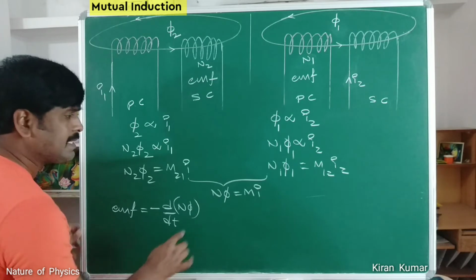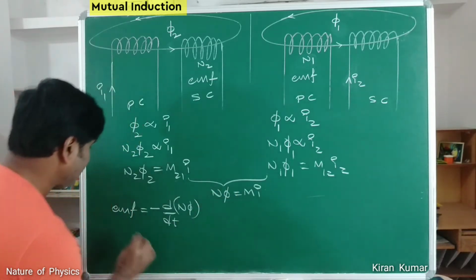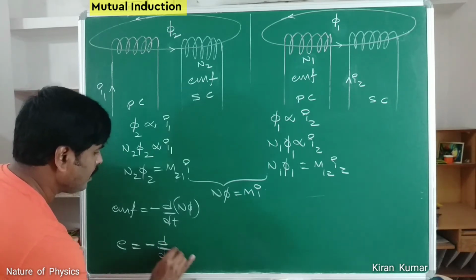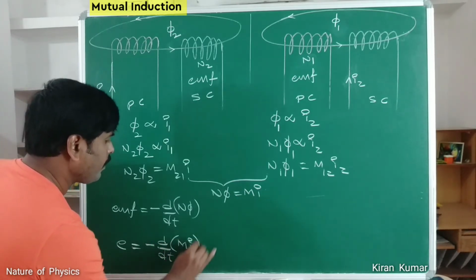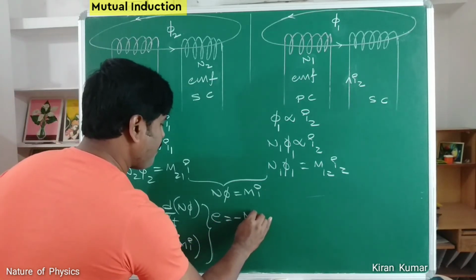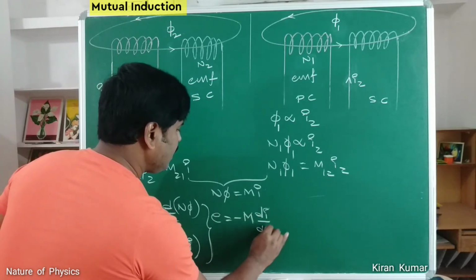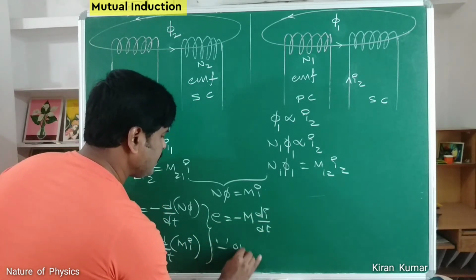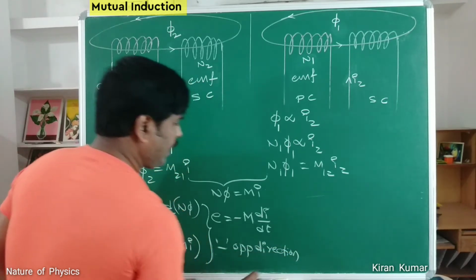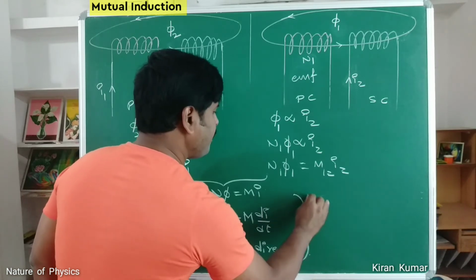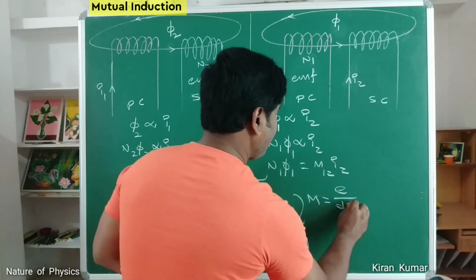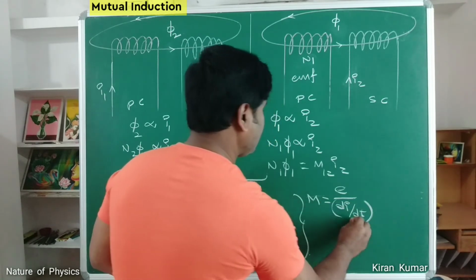But N phi is equal to M i, so the EMF induced in the coil is minus d by dt of M i. So E is equal to minus M di by dt, where the minus sign indicates the opposite direction. Next, M is equal to E divided by di by dt.